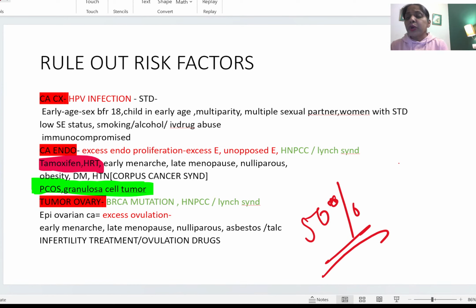Isra has asked why PCOS is a risk for endometrial cancer. In PCOS, ovulation does not occur. The menstrual cycle does not go into the ovulation phase, the luteal phase.